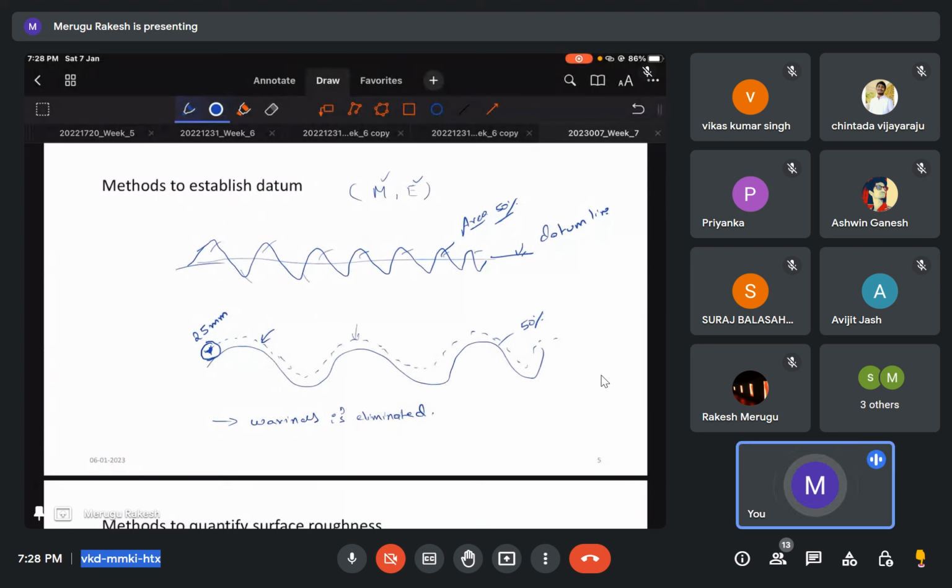Then I will adjust that line similarly, something like this, in such a way that the area above and below is 50%. Instead of a straight line, I am taking the profile here, which looks complex, but the usefulness is the elimination of this waviness.